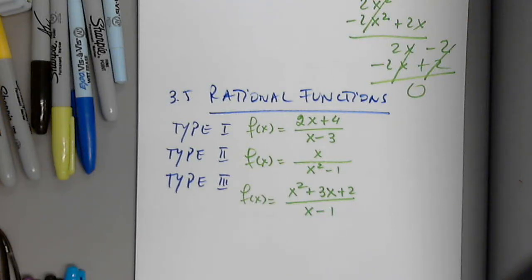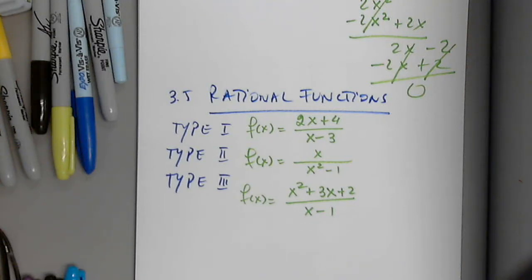What would you say about this function? Obviously, it's a ratio of 2 polynomials. That's what a rational function is all about, a ratio of 2 polynomials. But what would you say about the top? What is the first thing you will notice? That the top has degree 1. And you will also notice that the bottom has degree 1. So as long as we have degree 1 over degree 1, it's type 1.